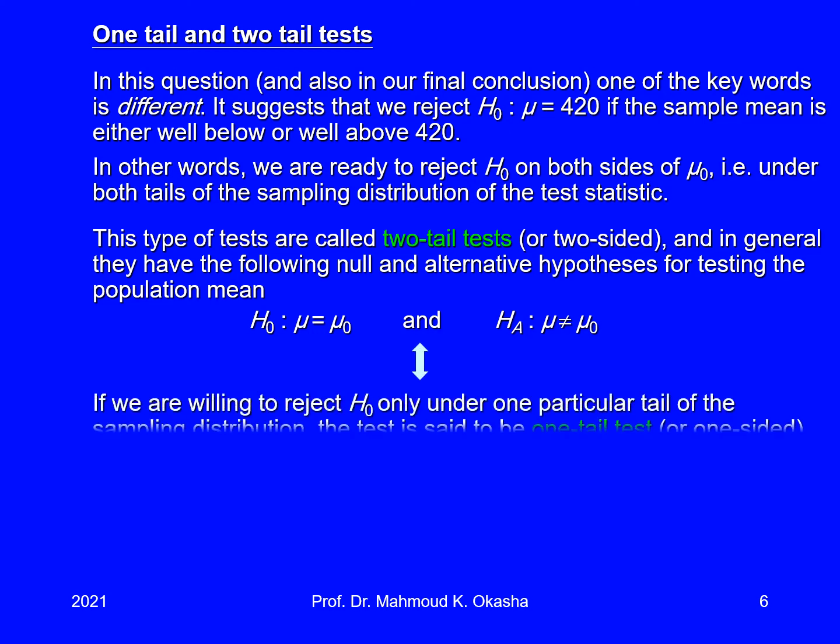However, if we reject the null hypothesis only if mu is less than mu naught, in that case the alternative will be mu is less than mu naught. That's the only case. Or if we reject only if mu is greater than mu naught, that's only one side.